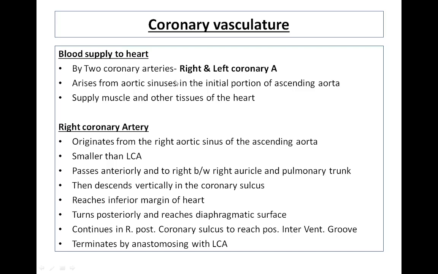Now what is the aortic sinus? It is the initial portion of the ascending aorta. When the aorta arises from the left ventricle, in the initial portion or root part, it gets dilated into three dilatations, and these dilatations are known as the aortic sinuses.